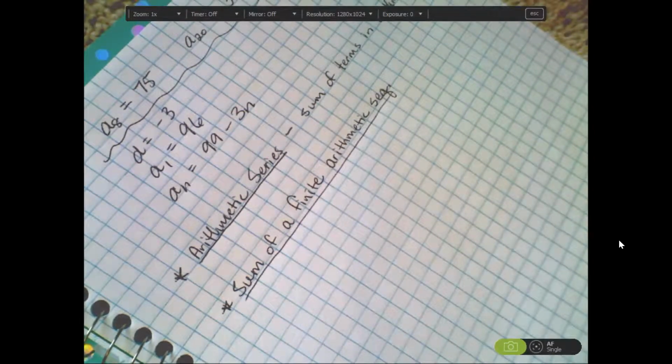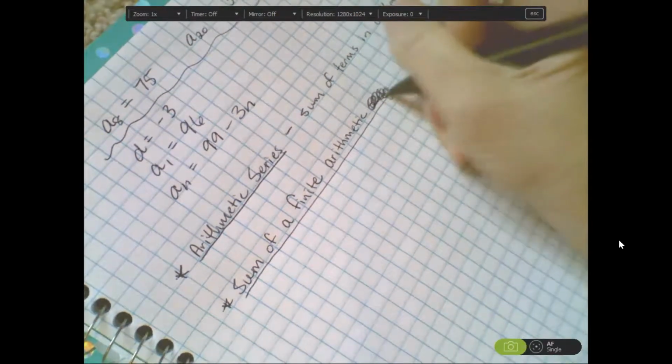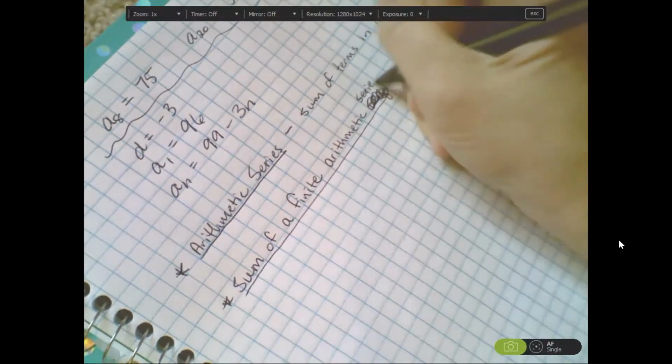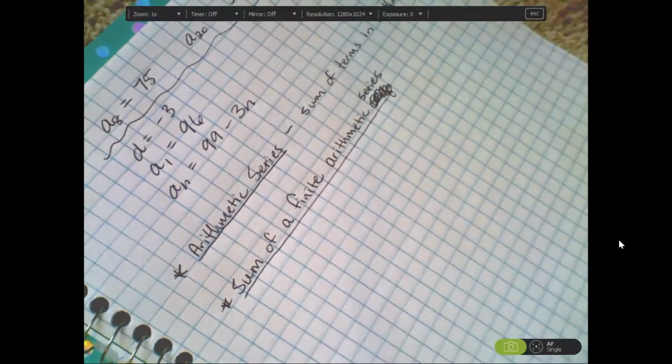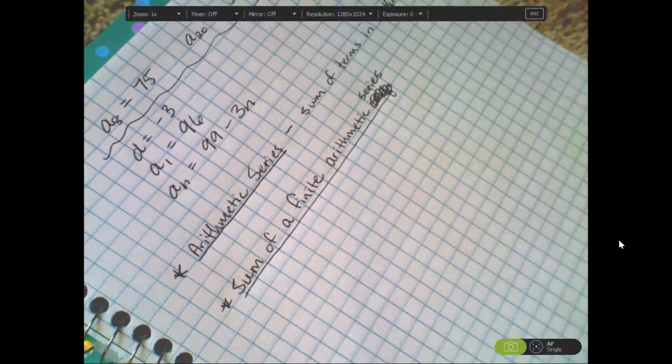It has an ending point. Actually, sorry, this should say series, arithmetic series. You can have an infinite one that just goes on and on forever. I think I said that wrong. Infinite is what I meant to say.